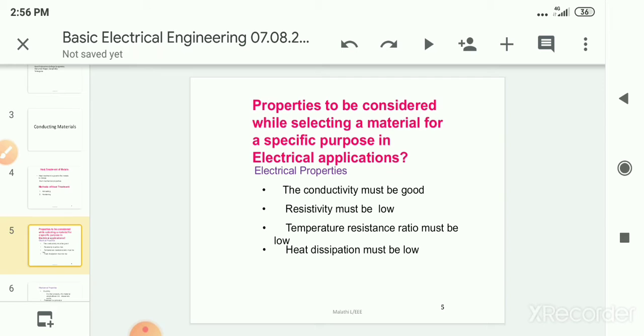And it should have a low temperature coefficient, so that the change of resistance with change in temperature will be low.